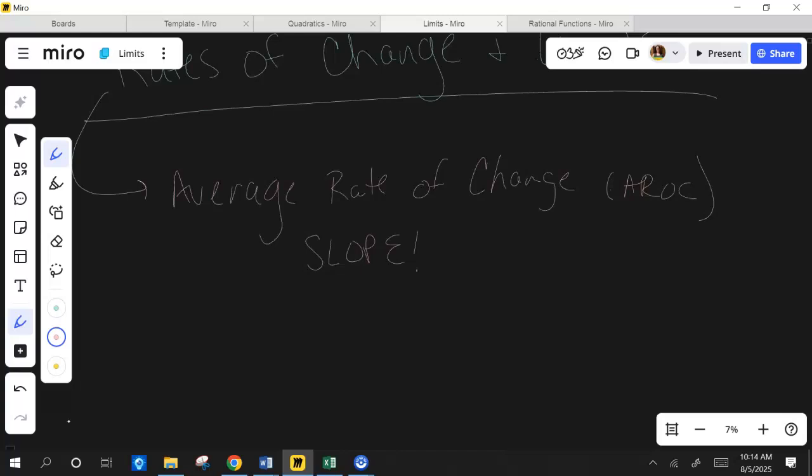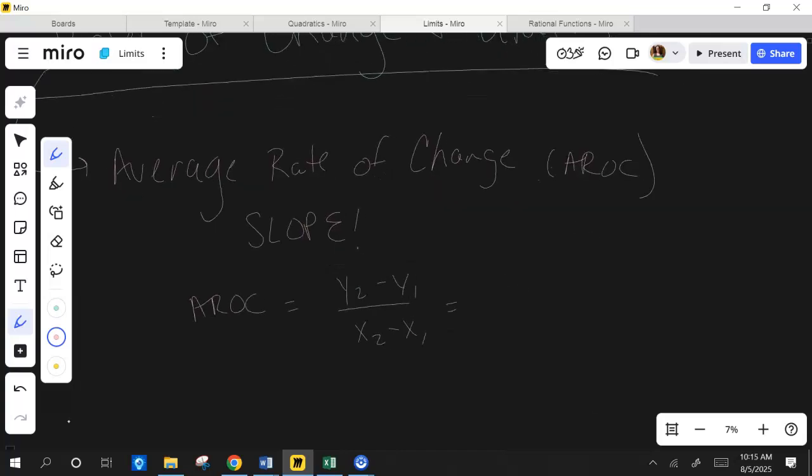Look at that. All right, so tell me how we find slope or Aroc. So when we do Aroc, we did y2 minus y1 over x2 minus x1, or we did change in y. Do y'all remember whenever I addressed it that way?